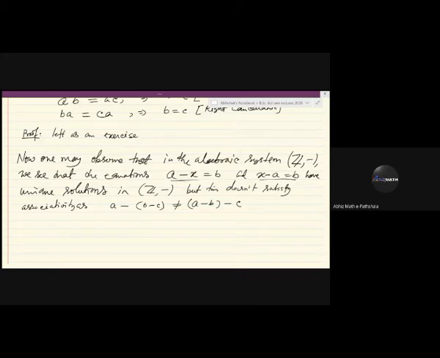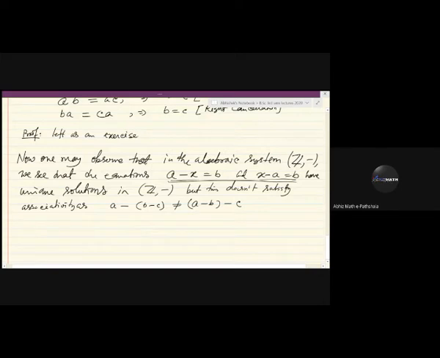So if an algebraic system satisfies this property, that the equations ax equal to b and xa equal to b have unique solutions in the algebraic system, then it doesn't imply even that it is associative, right?